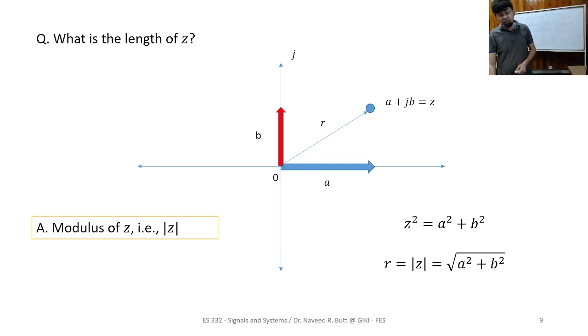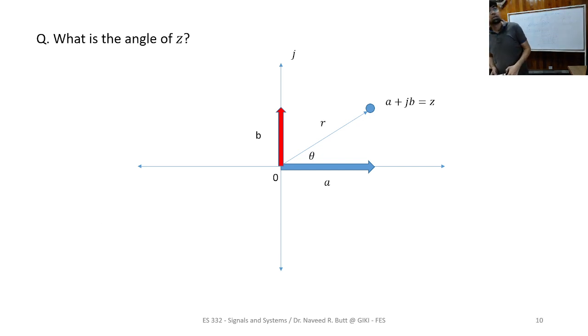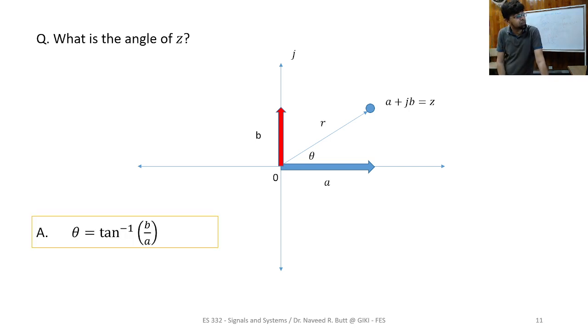Okay, so what is the angle of z? Theta. Tan inverse, yes, b upon a. So basically from the trigonometry you have studied at some time, it's very simple to find out that the angle is tan inverse b upon a.